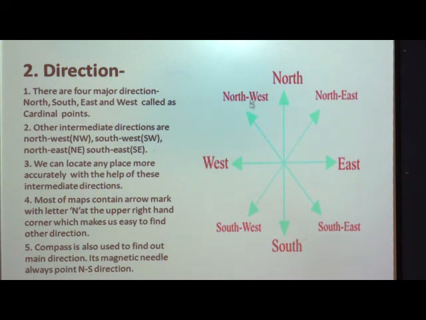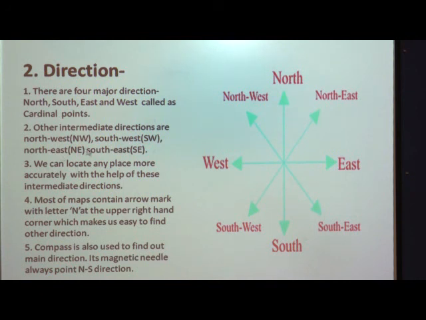Then we have other intermediate directions: northeast, northwest, southeast, southwest. These 4 are called intermediate directions, and east, west, north, south are the major cardinal points.